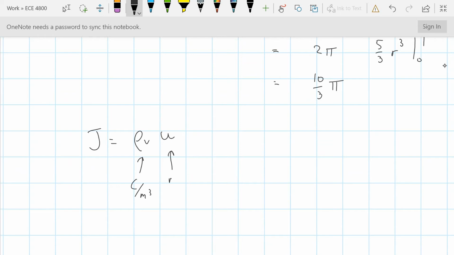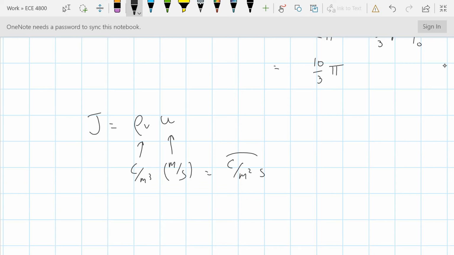Meters per second, right. Good. So if you take coulombs per meter cubed and multiply it by meters per second, you get coulombs per meter squared per second. This is the units for current density. Coulombs per meter squared per second is the same thing as amps per meter squared, because 1 amp is 1 coulomb per second. So the units work out here.